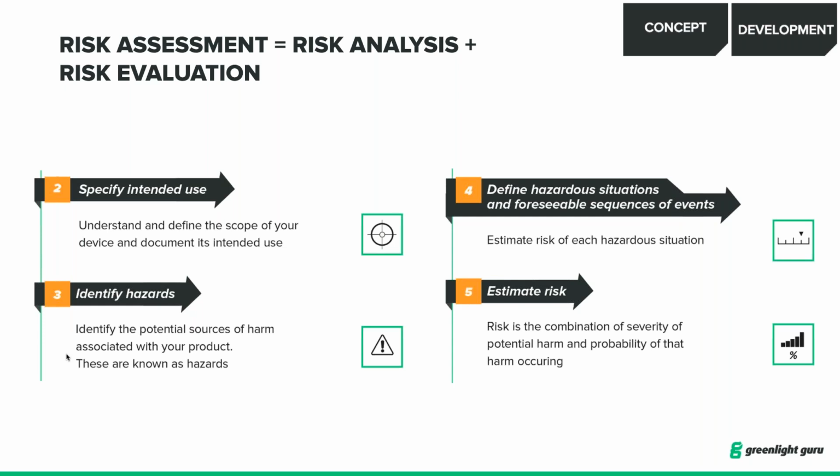A hazardous situation is when certain circumstances or events align, if you will, and the situation presents itself. In order for a hazardous situation to occur, there is a sequence or foreseeable sequence of events that has to transpire. It could be a single event, or it could be multiple events that lead to that particular hazardous situation.